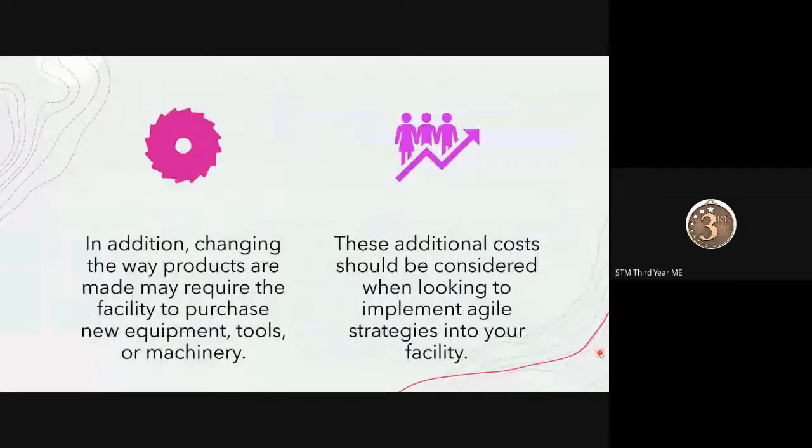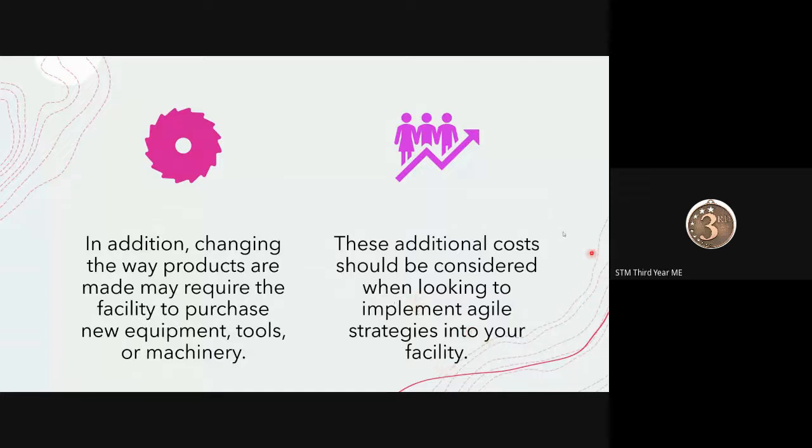Next, in addition, changing the way products are made may require the facility to purchase new equipment, tools, or machinery. This also takes some time. So they have to buy new equipment, tools, or machinery to obtain the agile manufacturing way of producing the product. Then these additional costs should be considered when looking to implement agile strategies into the facility.